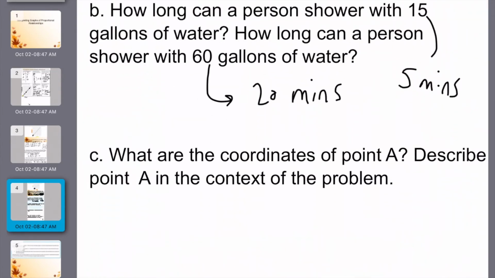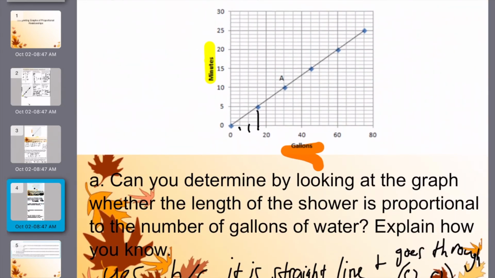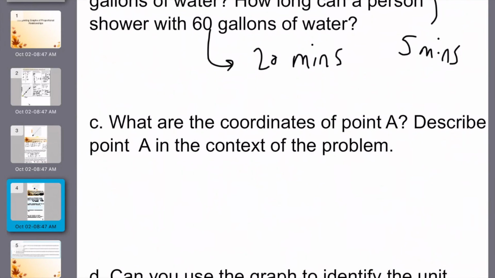So what are the coordinates of point A? Describe point A in the context of the problem. Well, I know point A is going to be after 20, so it's 25, 30, so 30 and 10. 30 gallons of water in 10 minutes. So let's see, 30, 10.